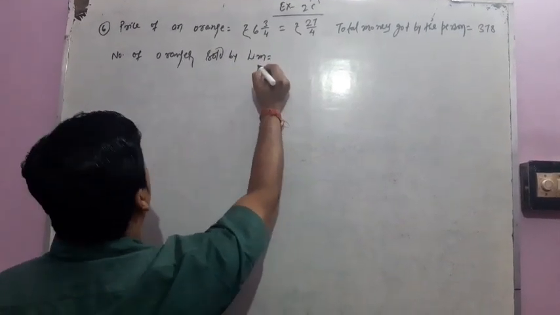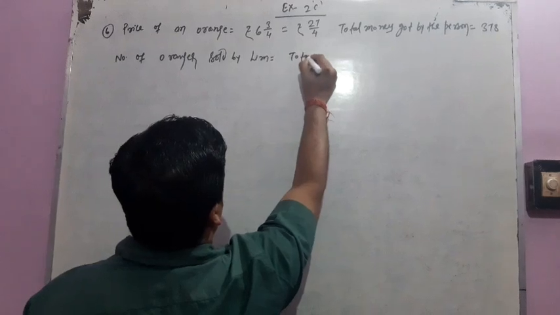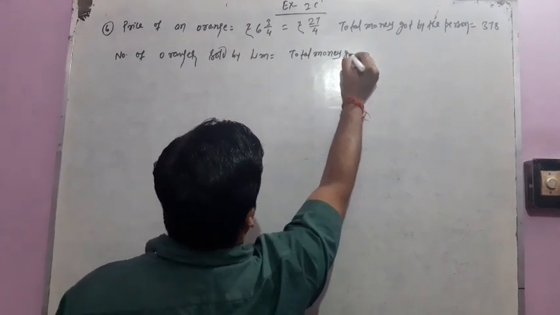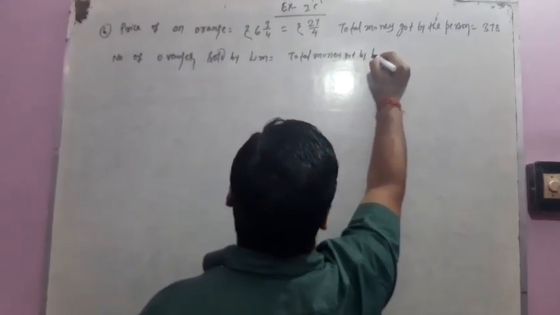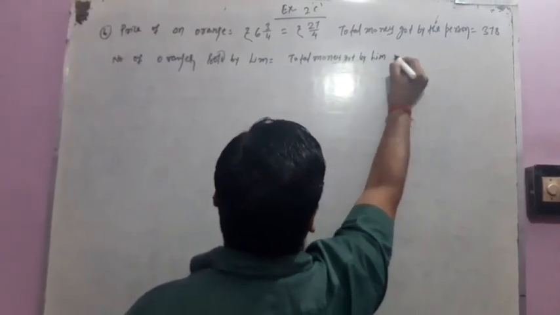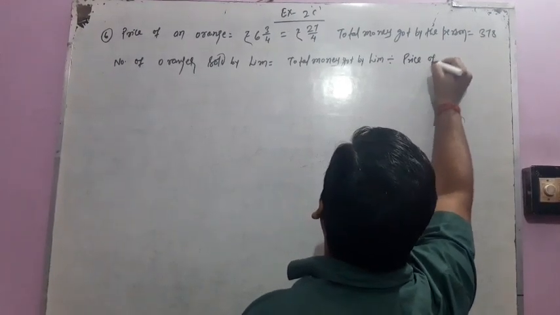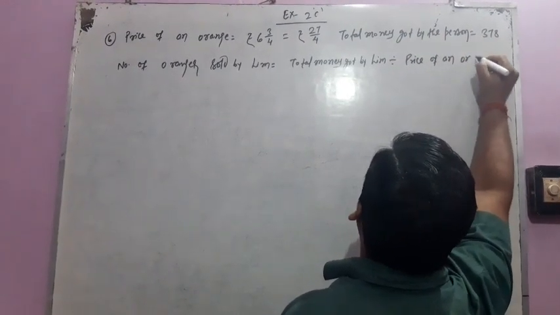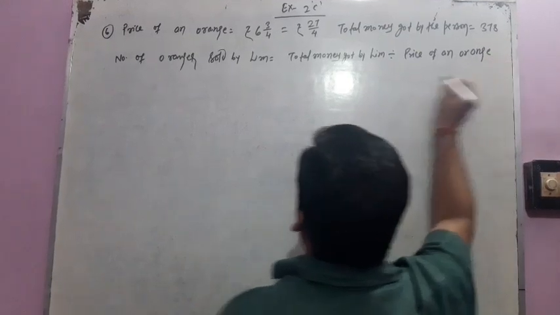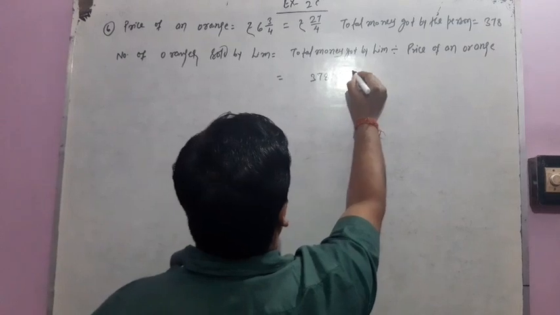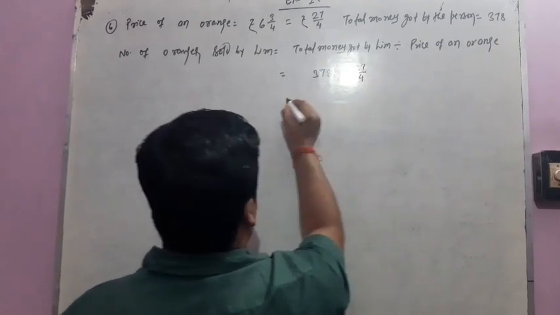that is equal to total money got by him divided by price of an orange. So here the total money is 378, that is divided by 27 by 4.